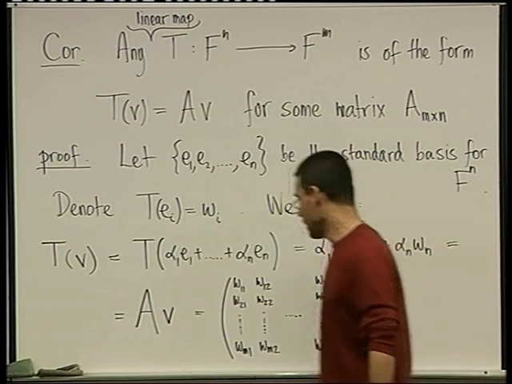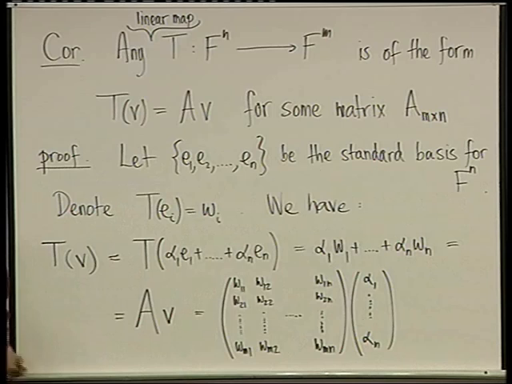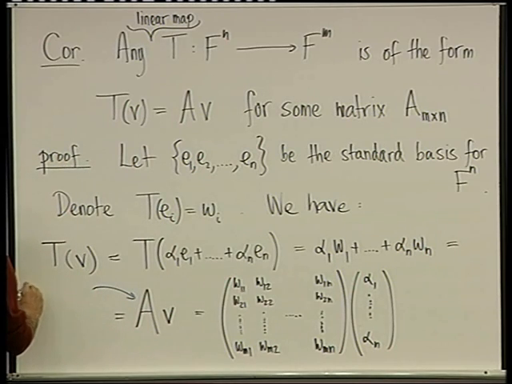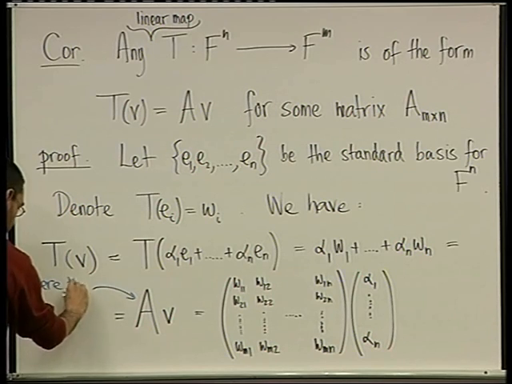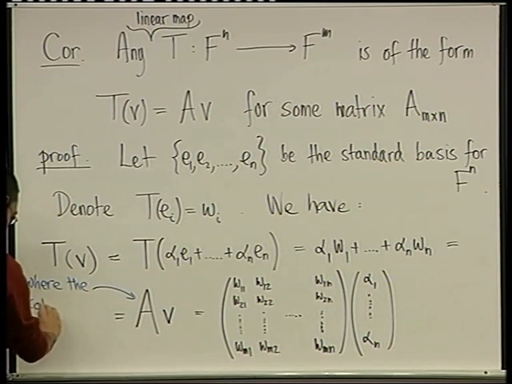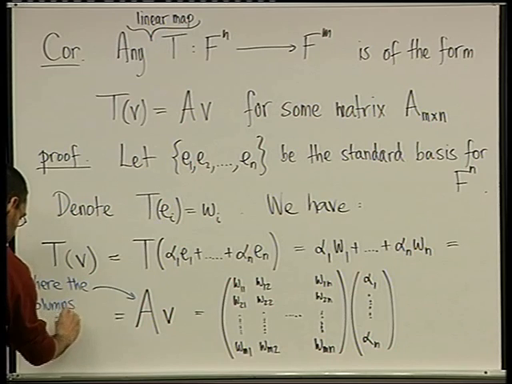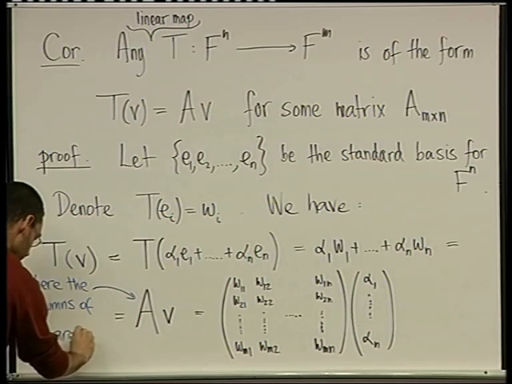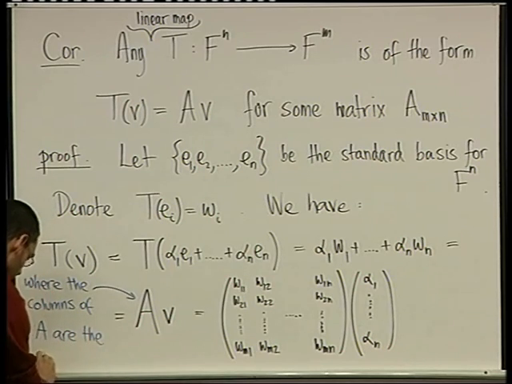Okay, so these are, let's write that in blue. So the columns of A, where the columns of A are the Wi's.